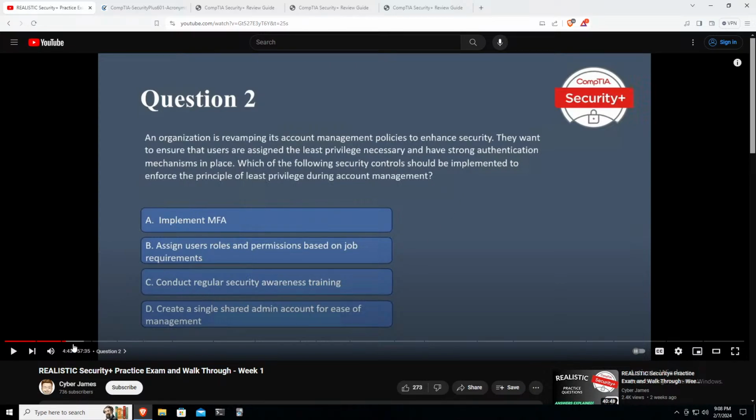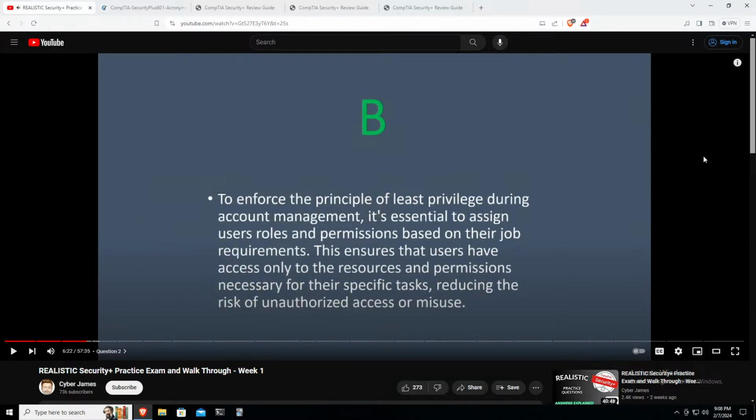So I think the correct answer here is B. Let's skip through here and see if we got it. Least privilege, so I'm going to go with B. Yep. Two for two.